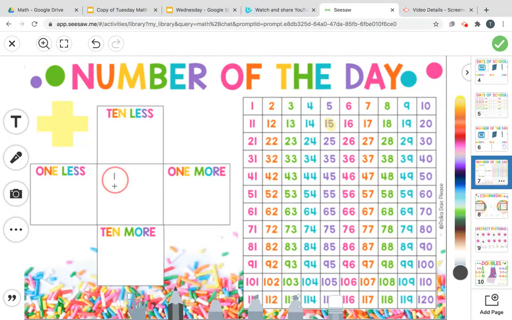So our number of the day, 15. So 10 less is what number? Yeah, it's 5. 10 more is 25. And again, counting is all about patterns. So see, they all end with 5s, and then it goes nothing, 1, 2. So our next one would be 3, 5, then 4, 5, then 5, 5, then 6, 5. Only we don't call it that.